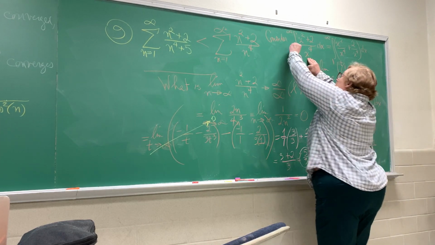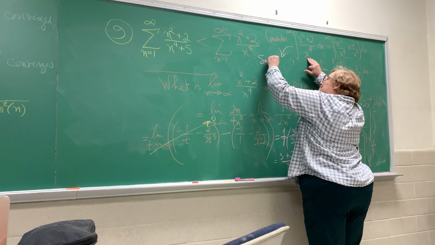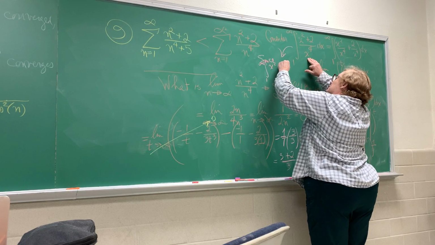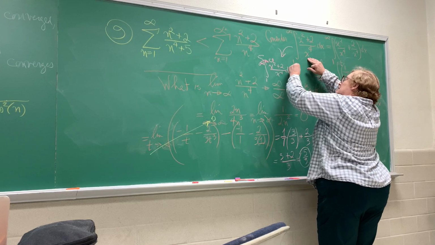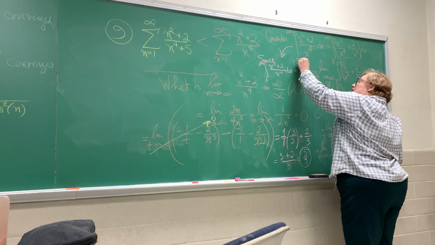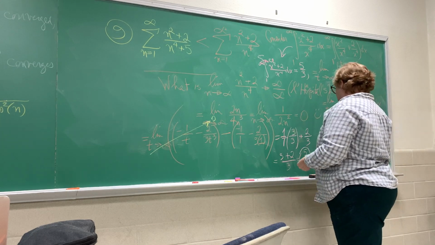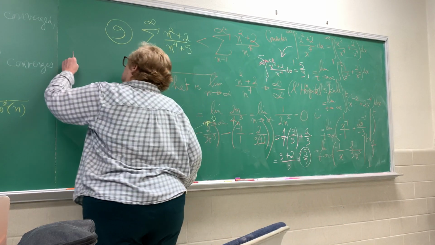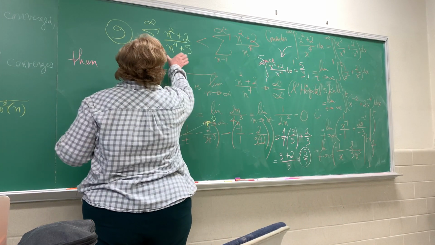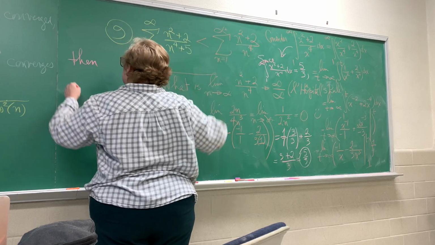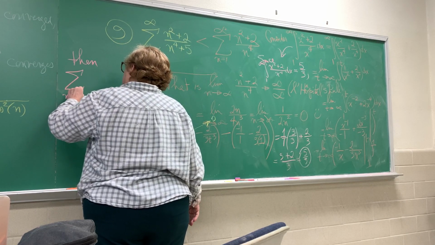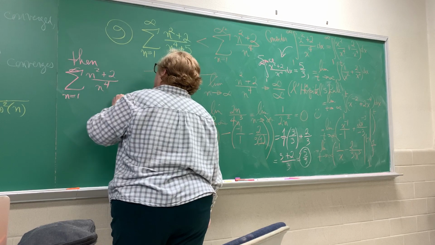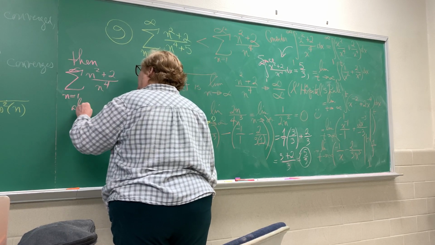So since the integral from 1 to infinity of x squared plus 2 over x to the 4th dx equals 5/3, then this thing we were comparing, this series, n equals 1 to infinity of n squared plus 2 over n to the 4th, also converges.